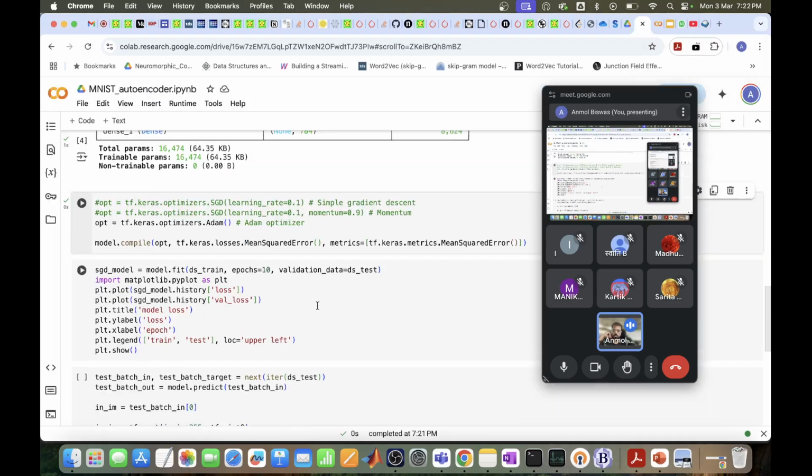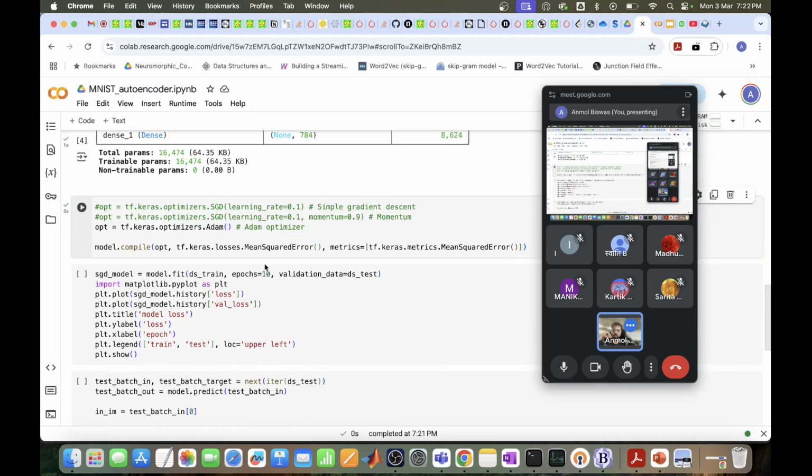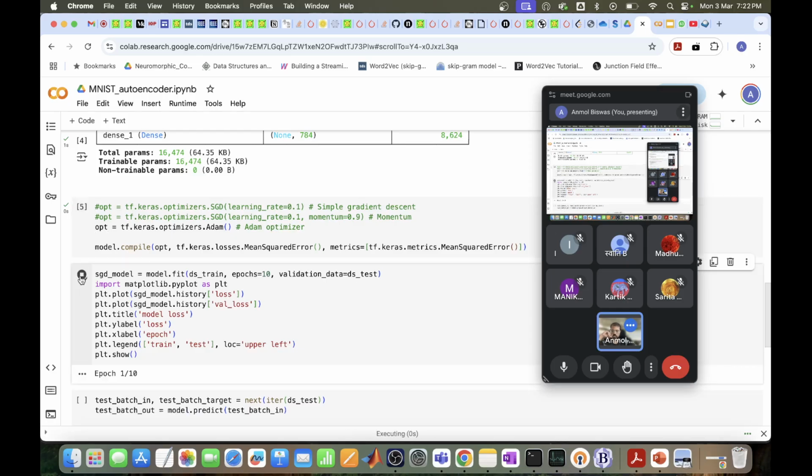We are trying to match the input to the output, so the loss that we're going to use is just mean squared error, and the metric that we're going to display to track how the training is going is the same thing, mean squared error.